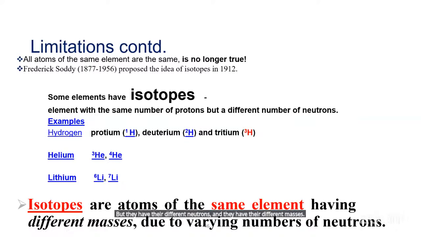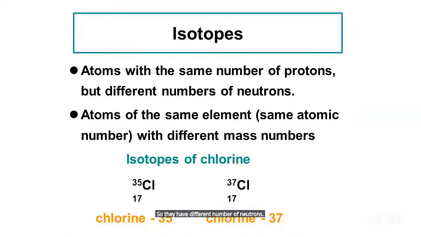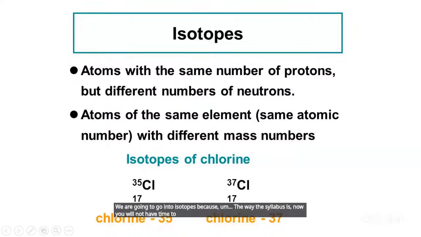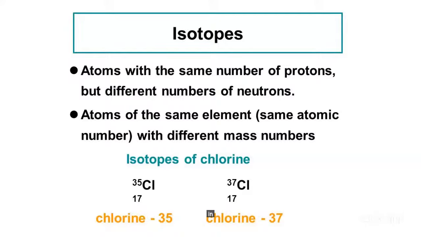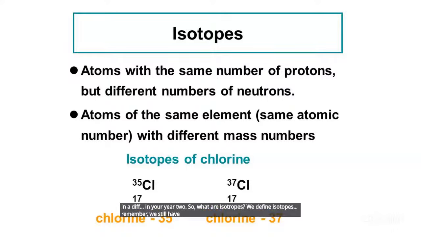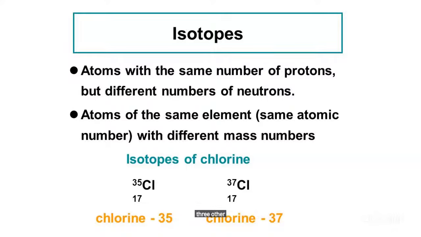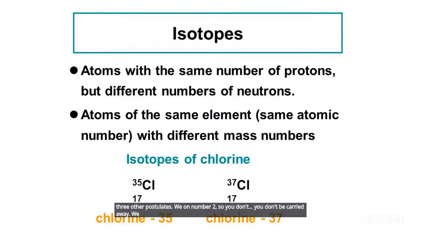Now again, we are going to go into isotopes because the way the syllabus is now, you will not have time to look at isotopes in your year 2. So what are isotopes? We define isotopes. Remember, we still have 3 other postulates. We are on number 2, so don't be carried away. We still have the other 3 to deal with, but we'll be fast about it.